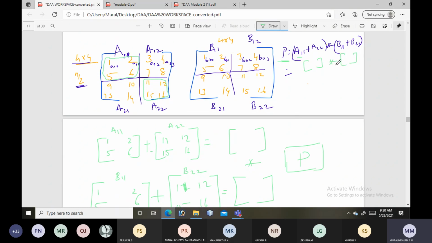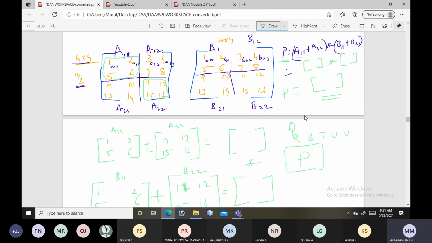Now you multiply these two matrices by using the same formulas, P, Q, R, S, T, U, V and C1, C2, recursively we are calling. Finally we are getting one matrix, that is P. Similarly you should calculate Q, R, S, T, U, V. Is it clear?